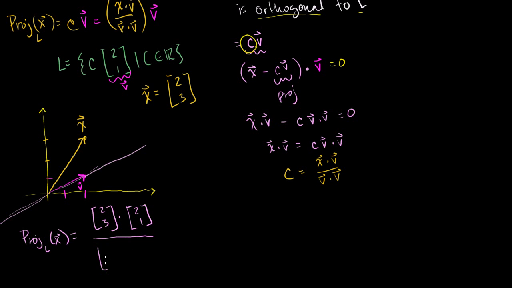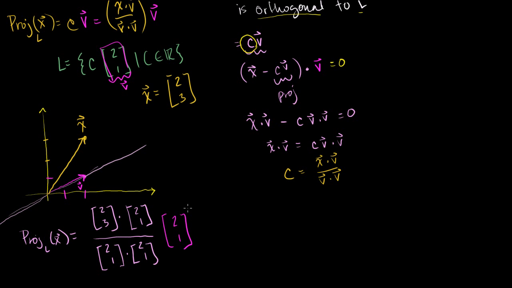So all of that over 2, 1 dot 2, 1, times our original defining vector v. What's our original defining vector? It's this one right here, 2, 1. So times the vector 2, 1.